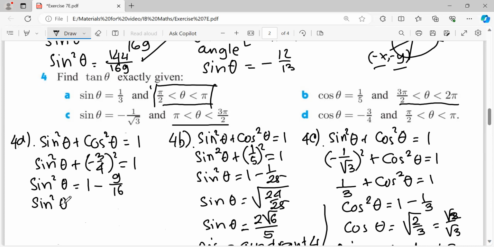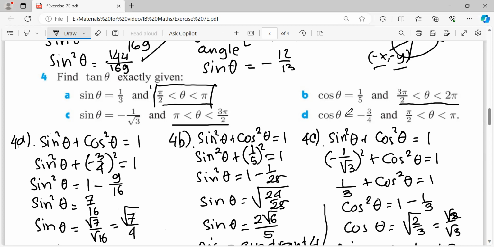Sine squared theta equals 16 minus 9, 7 over 16. So sine theta equals square root 7 over square root 16, which is square root 7 over 4.